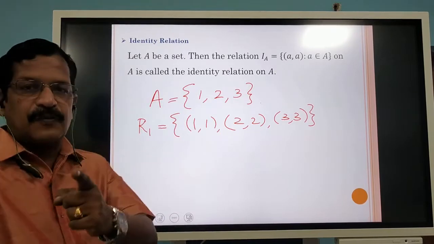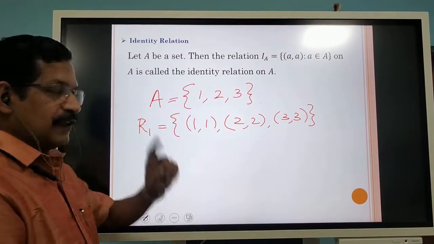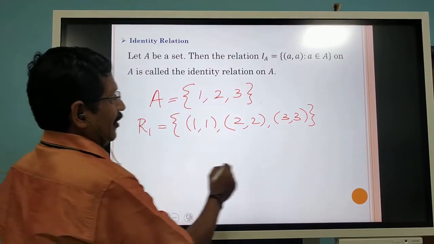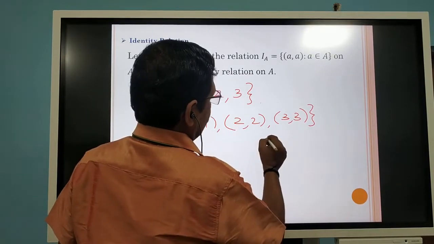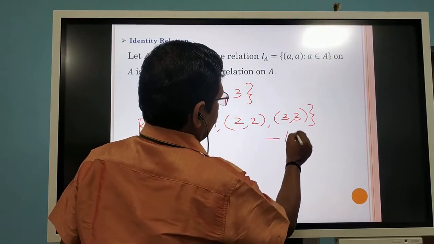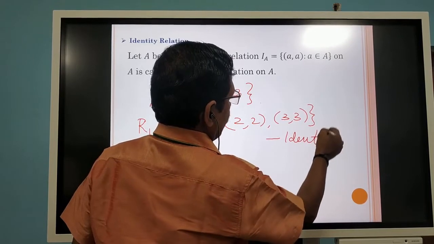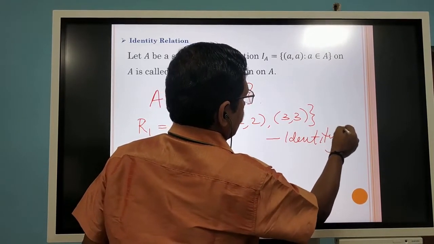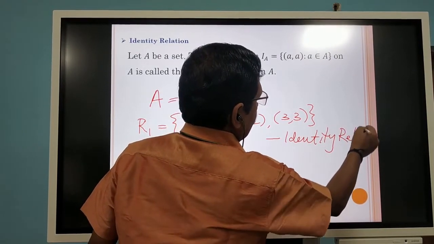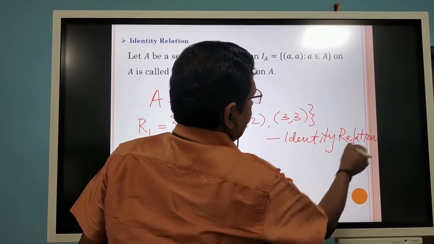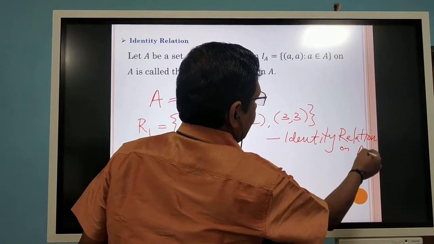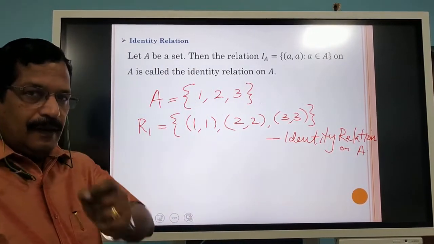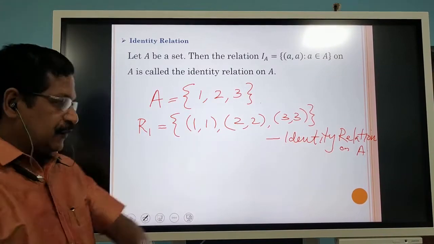Clearly, R1 is a subset of A cross A, so R1 is a relation. This is called the identity relation on A.